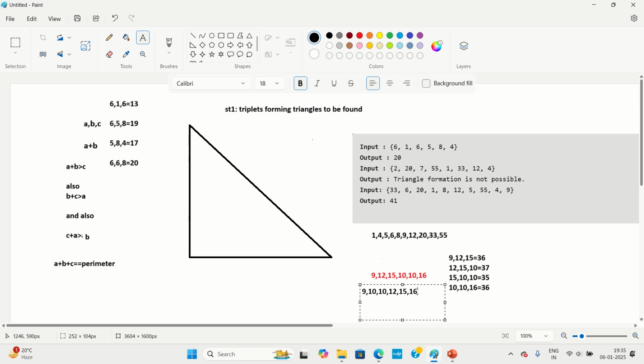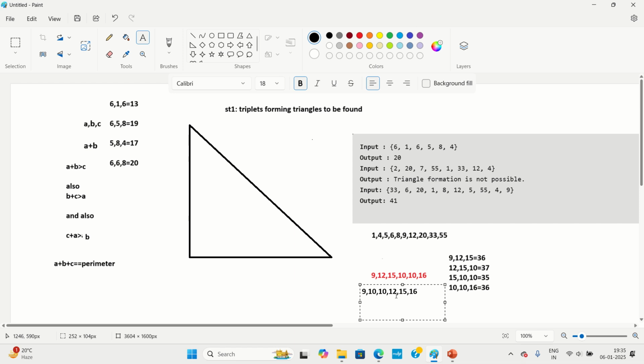So now we can actually use the same approach. We will just require one loop to travel this array. Now just start checking the triplets after sorting. From the reverse side we will be traveling, that is from the last element.